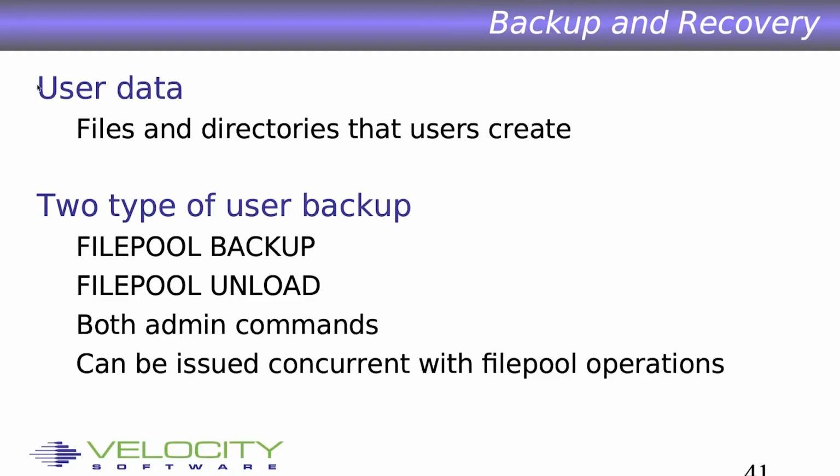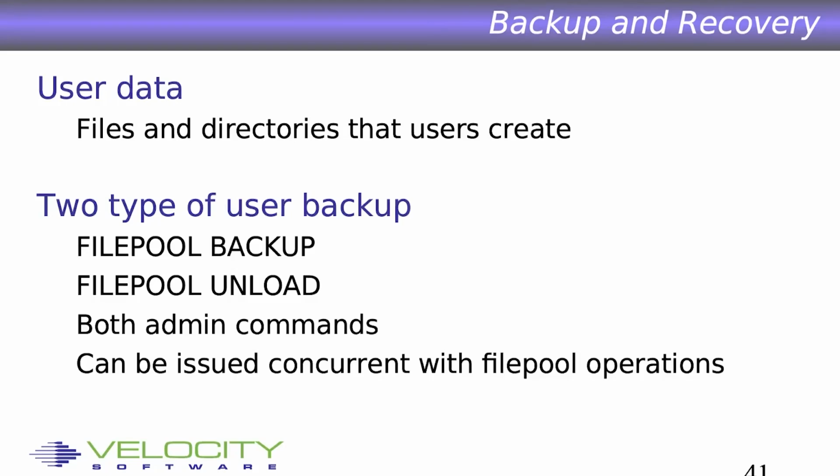For user data backups, we can back up files and directories that users create. There are 2 different types of backups. There's FILEPOOL BACKUP and FILEPOOL UNLOAD. Both are administrator commands and can be issued usually concurrent with file pool operations.